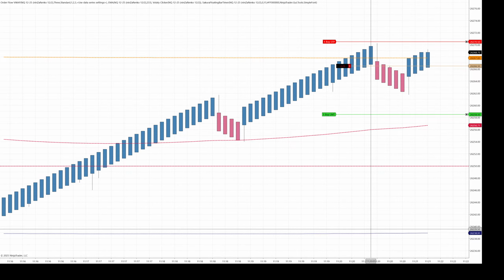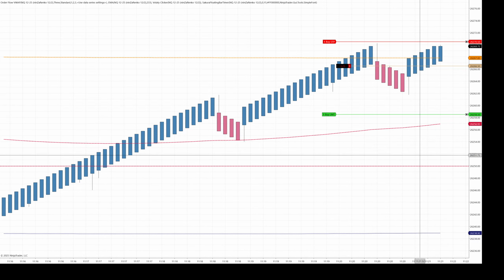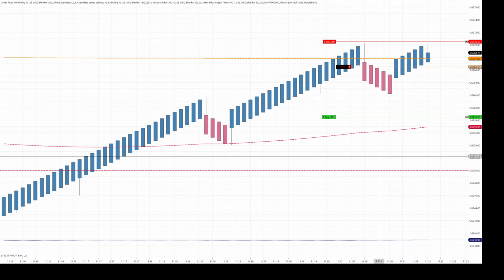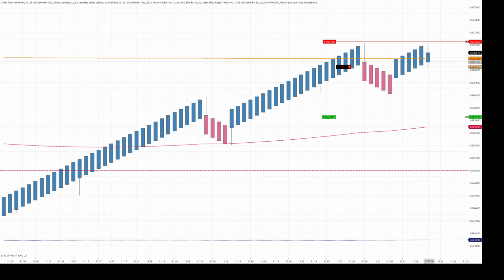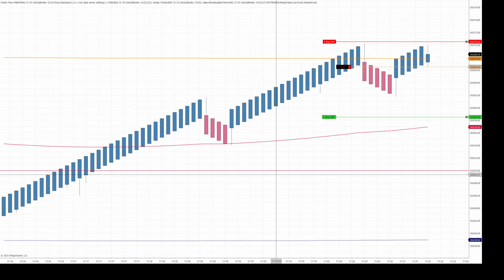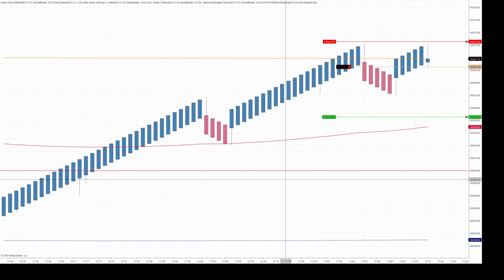Okay, this is not looking good. Bears are trying to attempt one last stand here. Bring it back down.